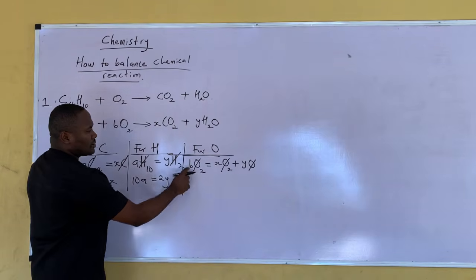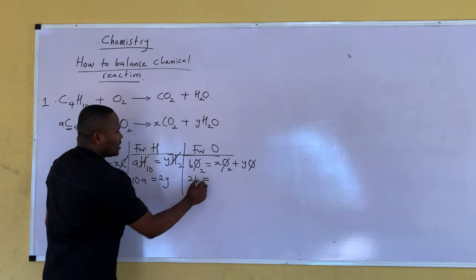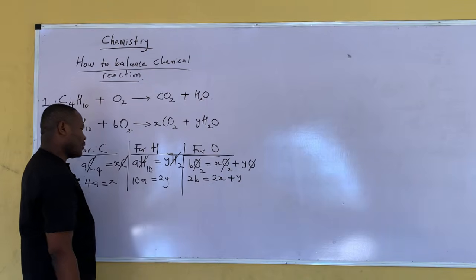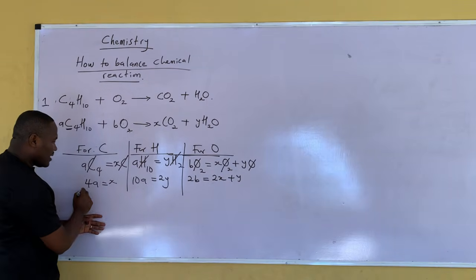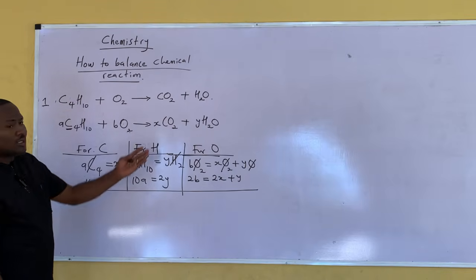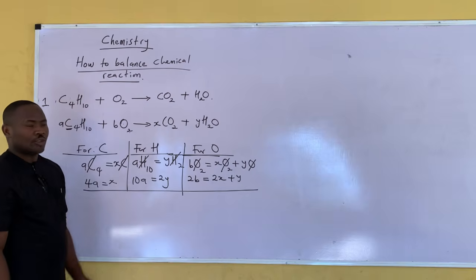What do I have? 2 times B is 2B equal to 2X plus Y. Now if you watch, we have a set of equations derived from this, and these are our equations.